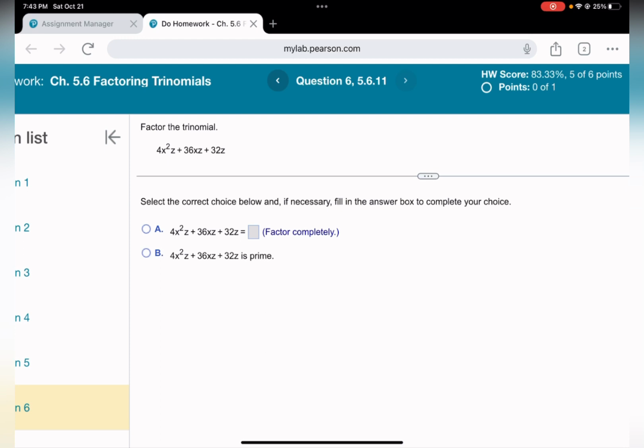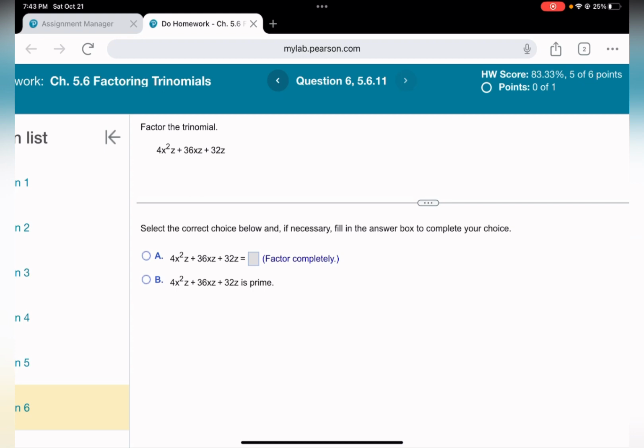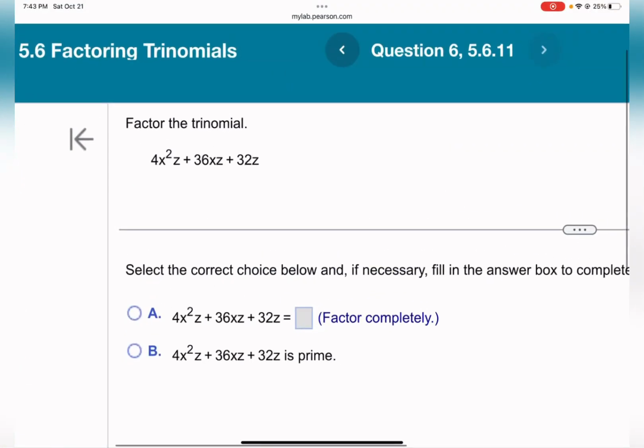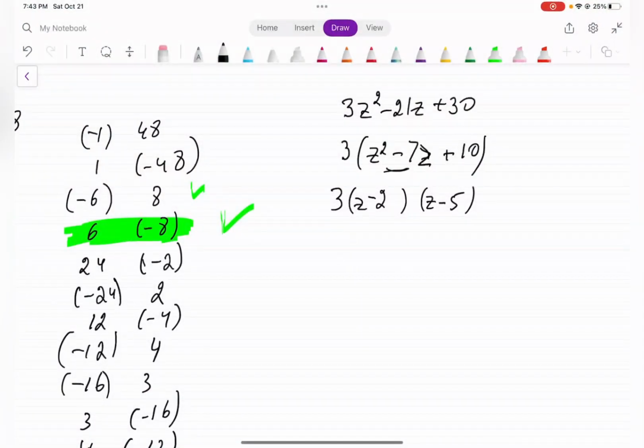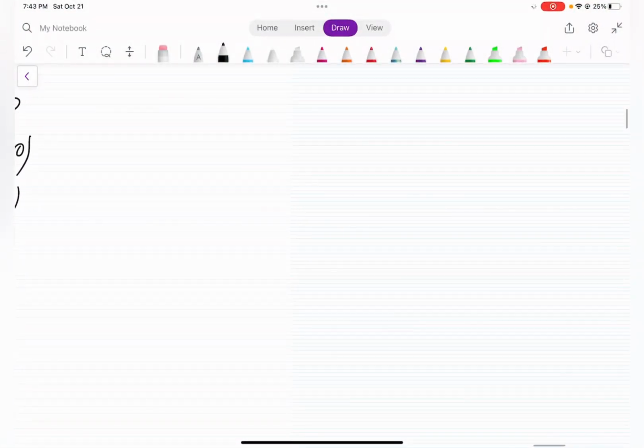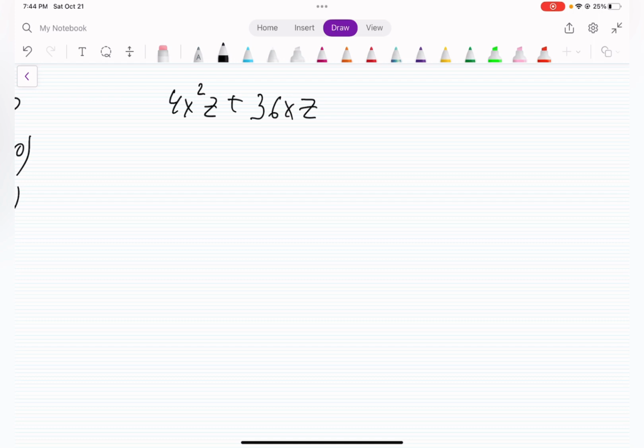Let me write down on a piece of paper so I won't mess it up. 4x squared z plus 36x z and plus 32 z. Okay. Let's work on it. 4x squared z plus 36x z and plus 32 z.